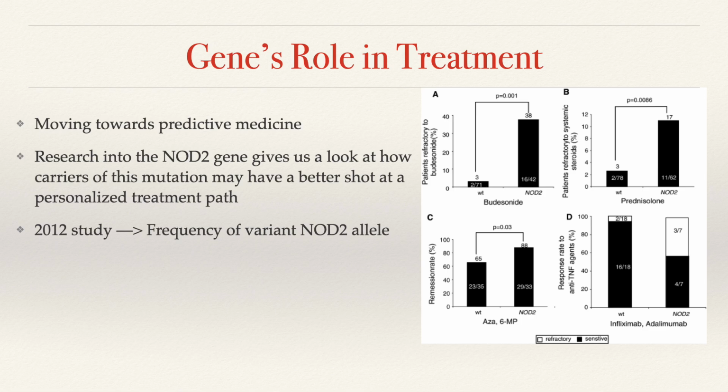It also showed that there was a higher remission rate, which means your disease is under control, within 1 year of a biologic therapy in Crohn's patients who did have this mutation.